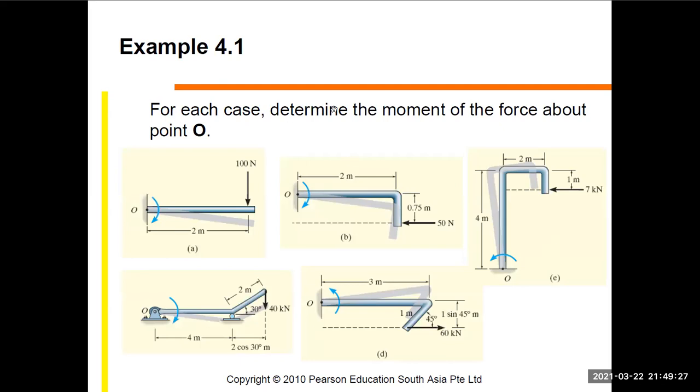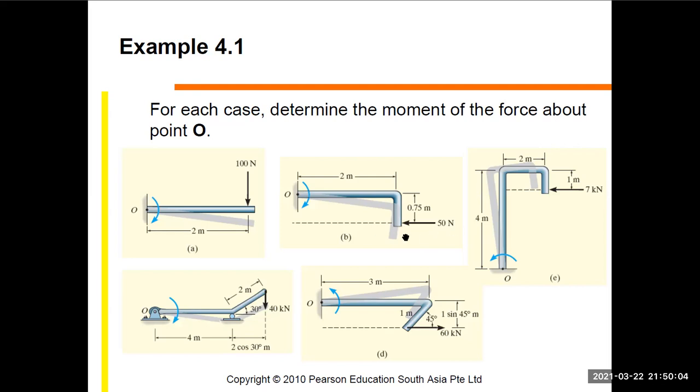لو ناخذ هذا example for each case determine the moment of the force about point O. This force 100 Newton times the perpendicular distance O. So we're gonna get 100 times 2 meter. حيكون rotation تبعنا in this direction. So direction تبعنا بالنيجاتيف Z inside the page. إذا بنحط الthumb تبعونا the direction of the force curved باتجاه O حيكون the direction of the moment.